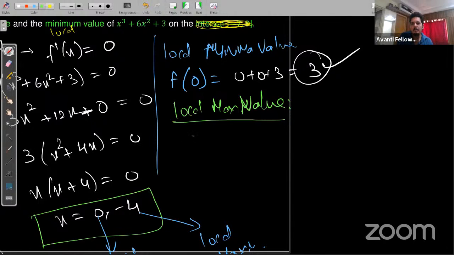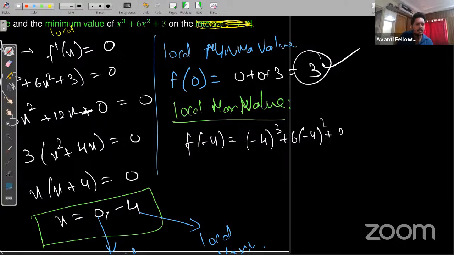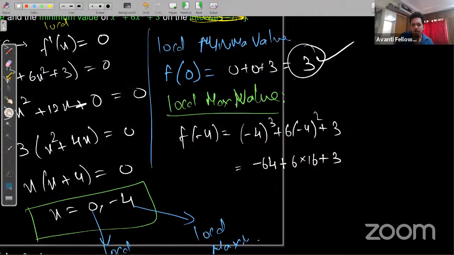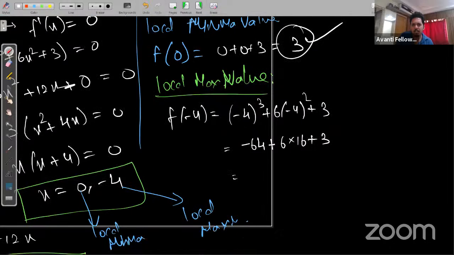So what is the local maximum value? f of -4. How much? -4 whole cube plus 6 into -4 whole square plus 3. It is -64, plus 16 into 6, which is 96, plus 3. 64 plus 32 is 96, so -64 plus 96 plus 3.